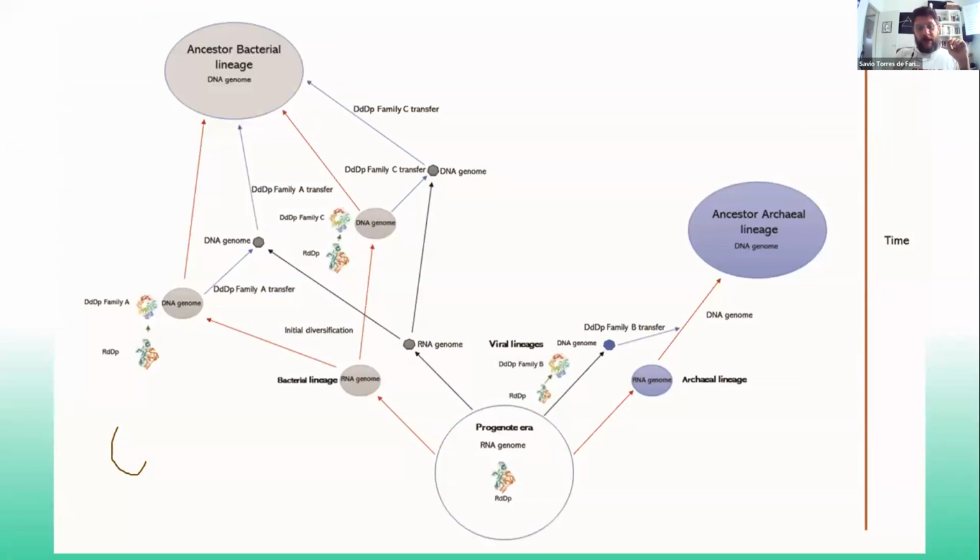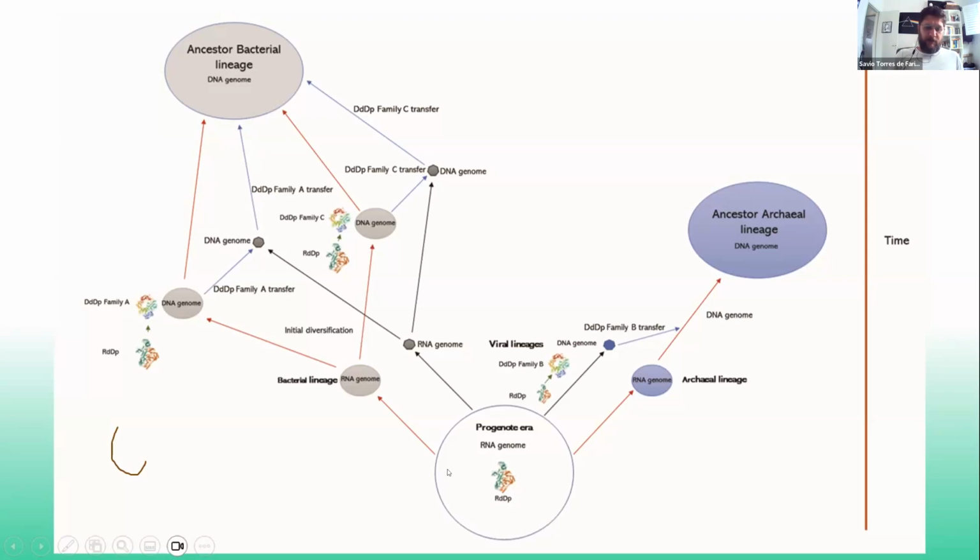So the model that we are suggesting is present in this picture. We had a community that we call the progenote. In that moment, we had only molecular biology, an open community of molecular systems, and part of this biological system encapsulated to form the archaeal lineage.